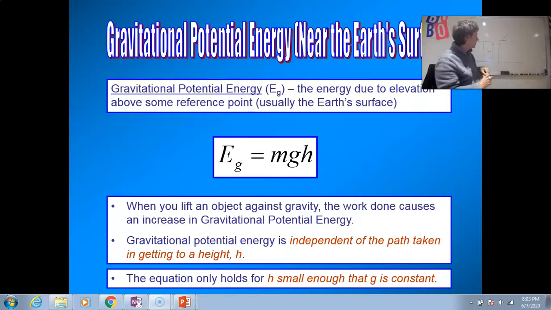However, if I had the apple and I was lifting it above the table and dropping it, and I was going to hit the table, then I might want to choose the table to have a height of 0. If it's never going to go past the table, then I don't need to calculate the gravitational potential here and here to have non-zero values.